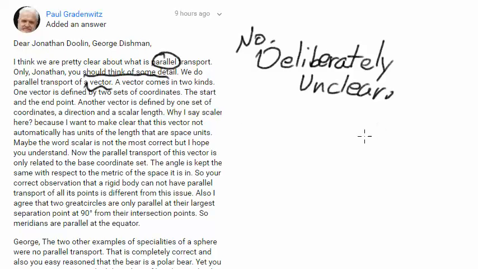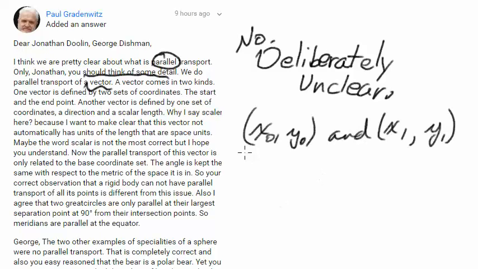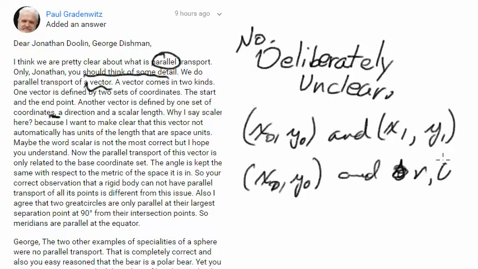A vector comes in two kinds. One vector is defined by two sets of coordinates, like x0, y0 and x1, y1: the start point and the end point. Another vector is defined by one set of coordinates, a direction, and a scalar length, like x0, y0 and r, theta.